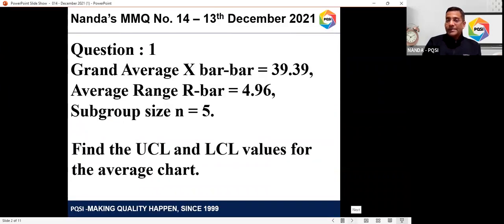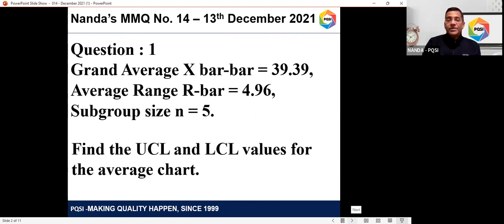Question number one. Since the previous quiz, we started giving you a different format where you need to do some calculations and give your answers in the Google form that is available in the comment section of this YouTube video. So question number one, we give you the grand average, which is the X bar, which is 39.39.